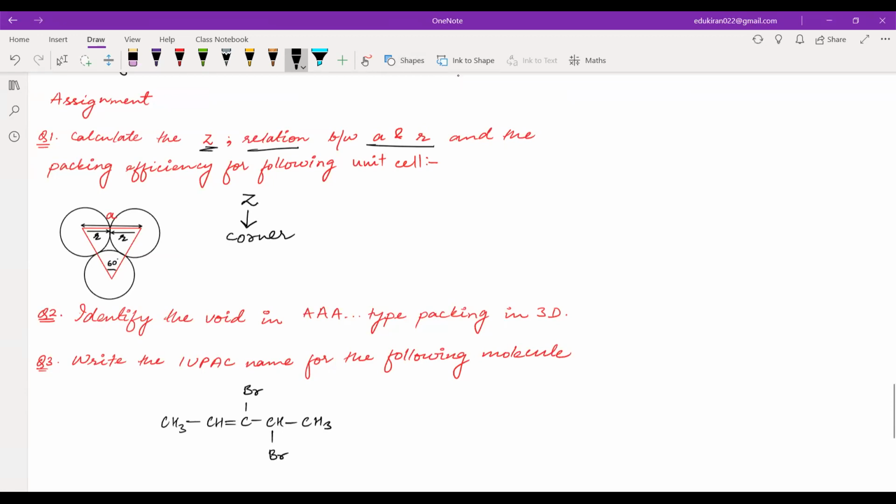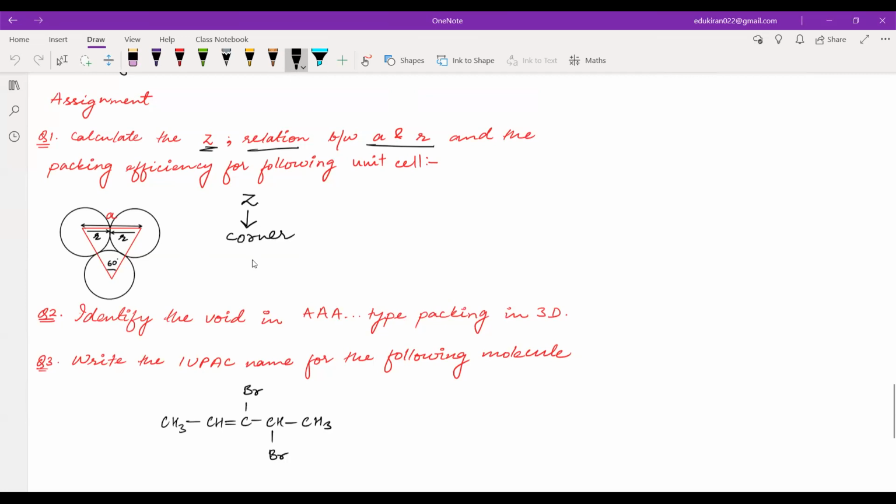All the atoms are in the corner of the triangle, the unit cell, right? Now, how many atoms are like that in the corner of this unit cell? 3.